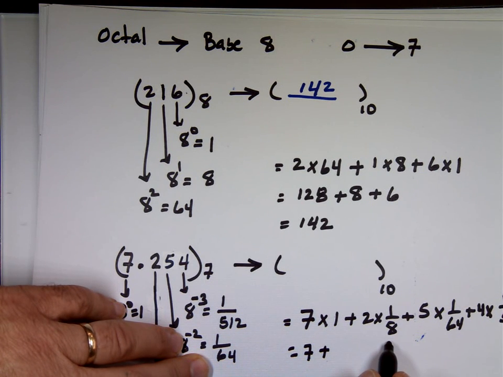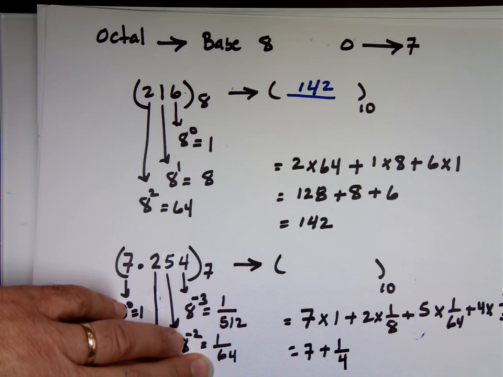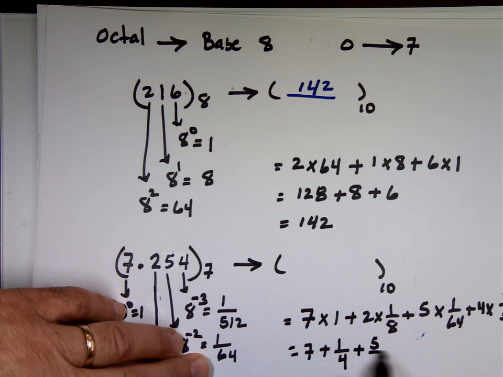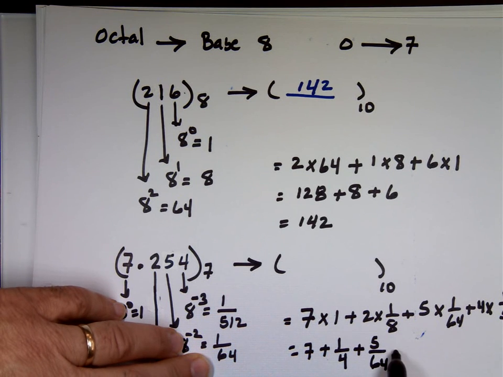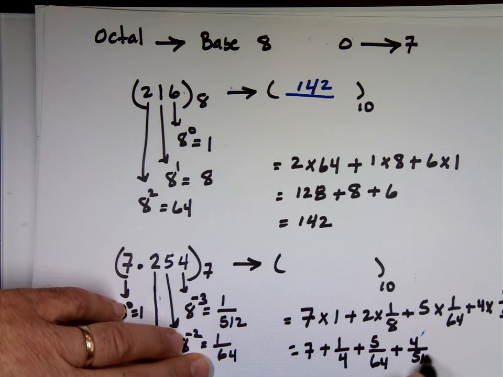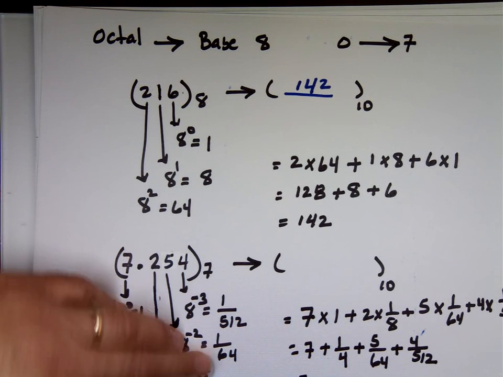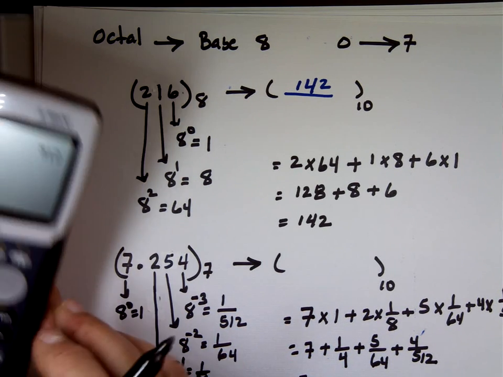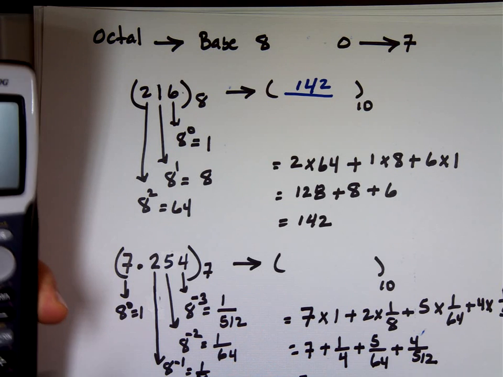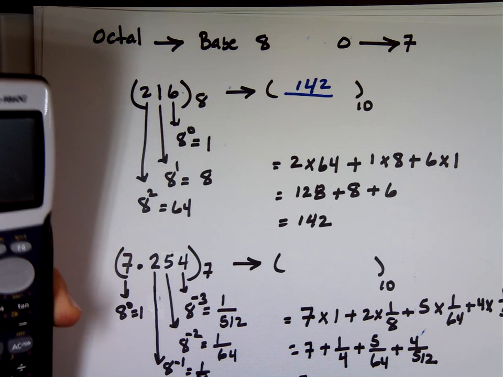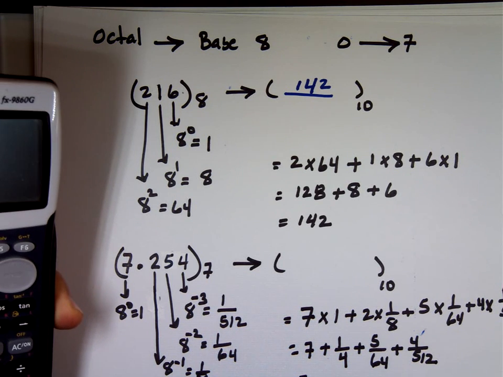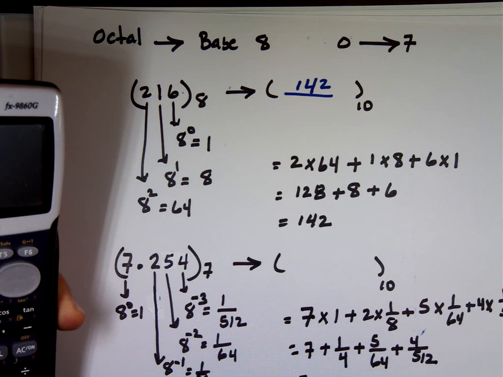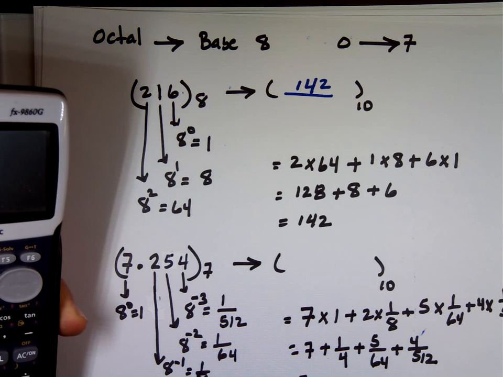Is that 2 over 8, which is 1 over 4? Plus 5 over 64 plus 4 over 512. And let's add them. 7 plus 1 divided by 4 plus 5 divided by 64 plus 4 divided by 512.